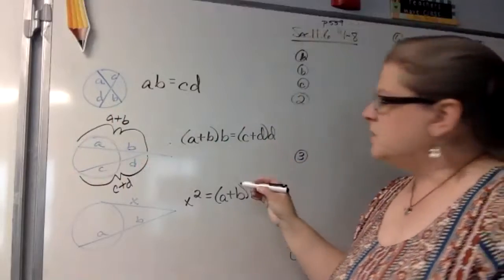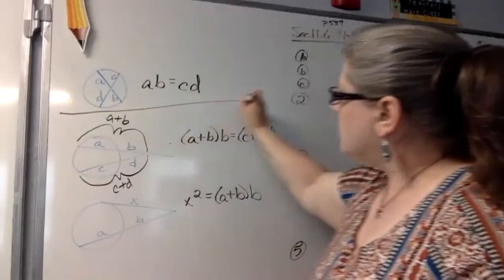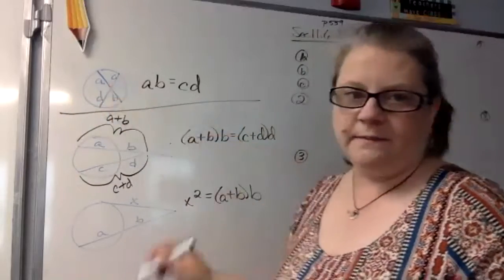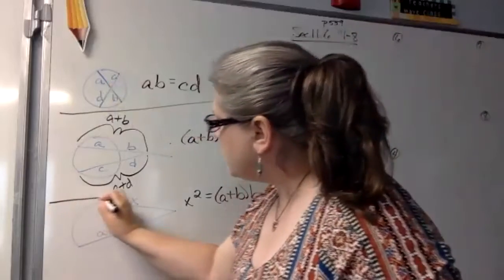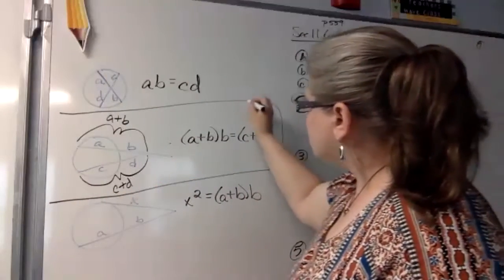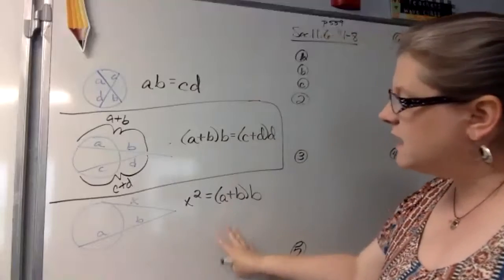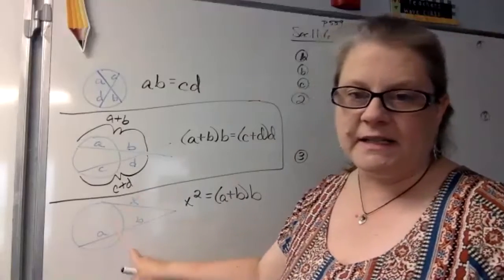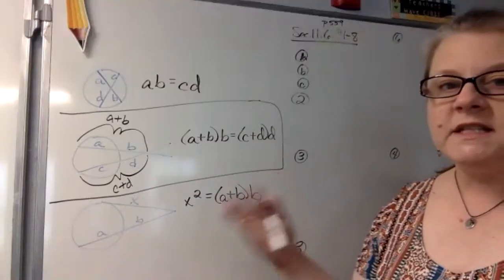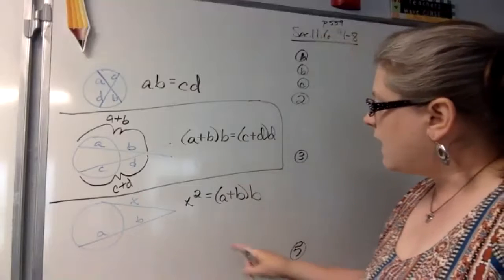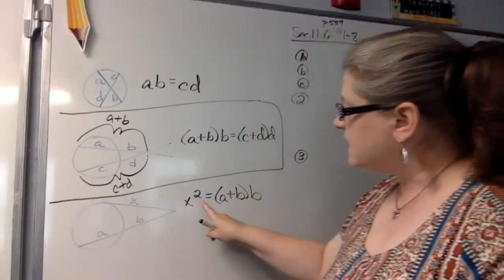So we got this formula when they're intersecting inside. We have this formula when it's the two secants that intersect outside. And then we have this one down here where we have a tangent and a secant. So when we have the tangent and the secant, you have the tangent squared, multiplied by itself, because that's the only one measurement that you have.